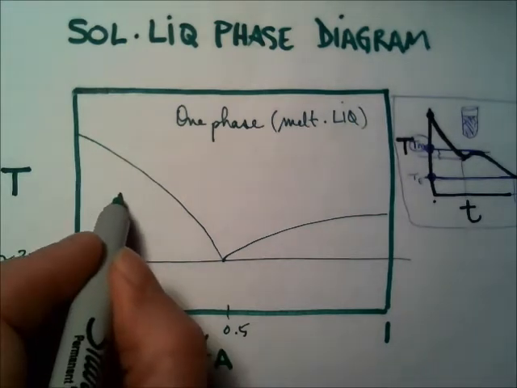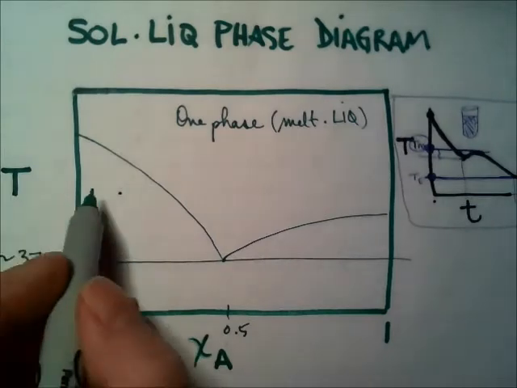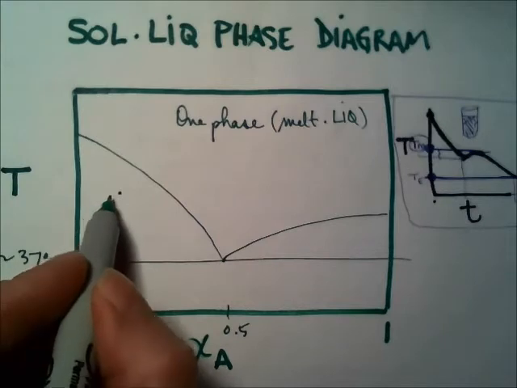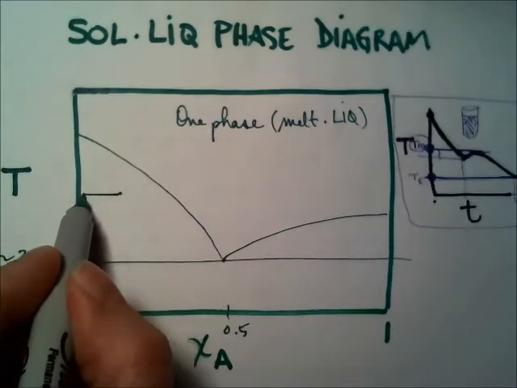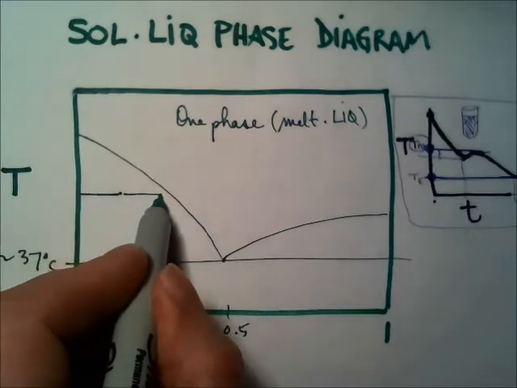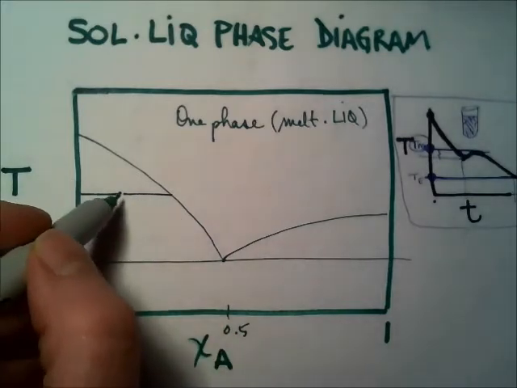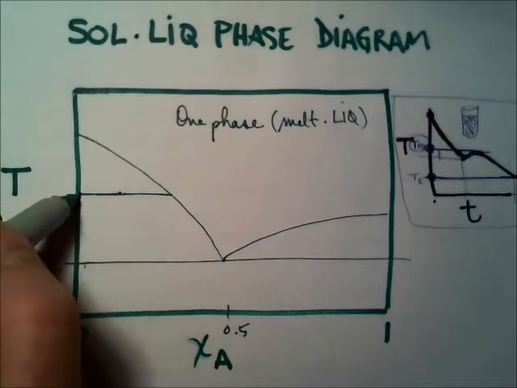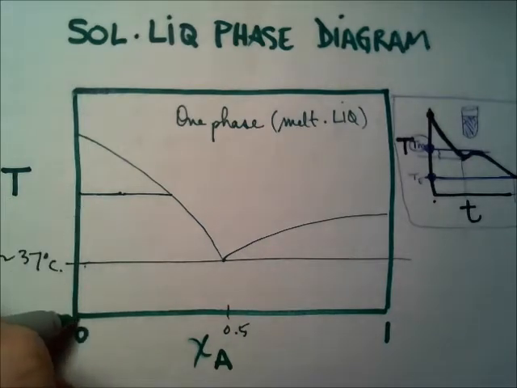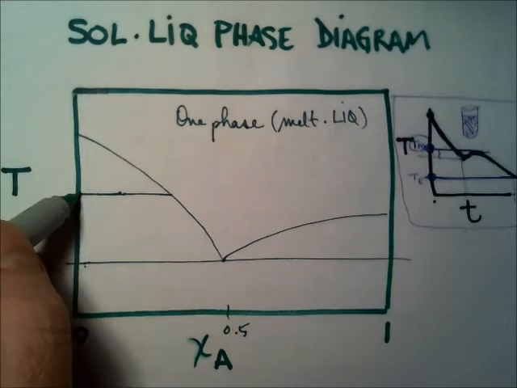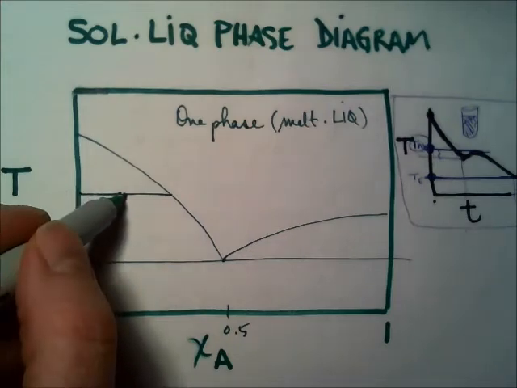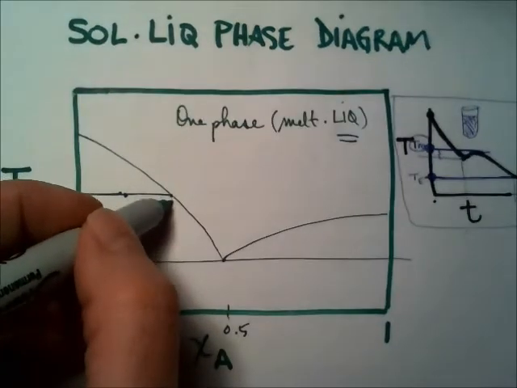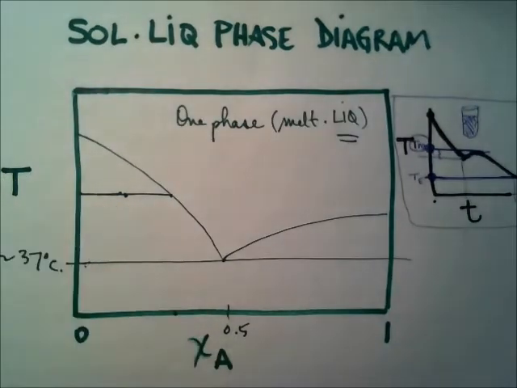If I made a point right there, and I wanted to know what phases are present, I would just do a tie line this way and a tie line that way, and that shows me that I've got pure solid B, because A is 0, pure solid B in equilibrium with a liquid, and the liquid's composition is defined by this mark.